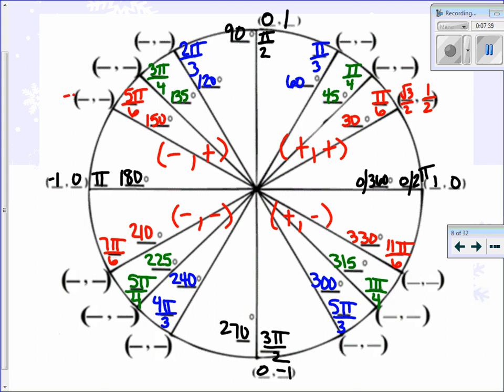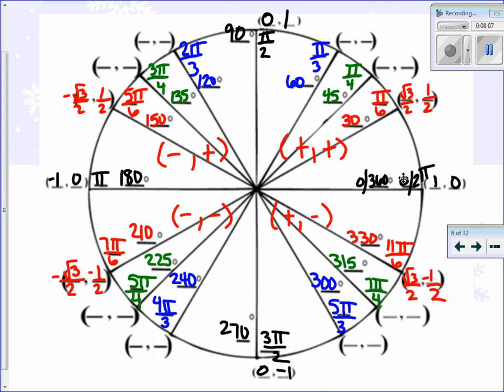So it's negative square root of 3 over 2, comma 1/2. In the third quadrant, 7 pi over 6, both terms are negative. So we've got negative square root of 3 over 2, negative 1/2. And in the fourth quadrant, the first term is positive, the second term is negative. So we got square root of 3 over 2, negative 1/2.